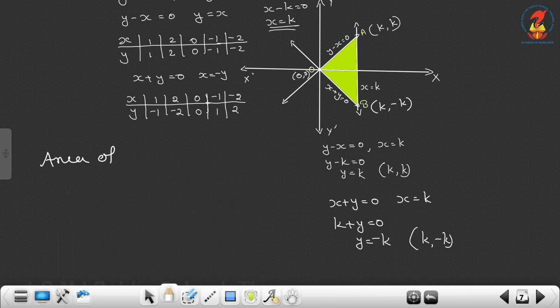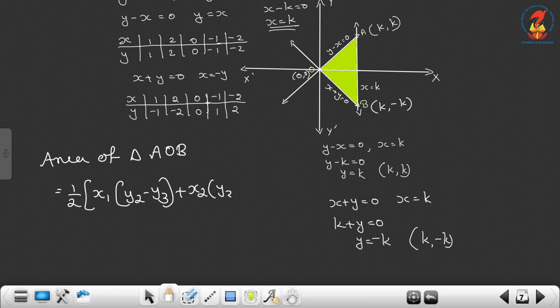Area of triangle AOB is equal to half into x1 into (y2 minus y3) plus x2 into (y3 minus y1) plus x3 into (y1 minus y2). This formula we can apply.